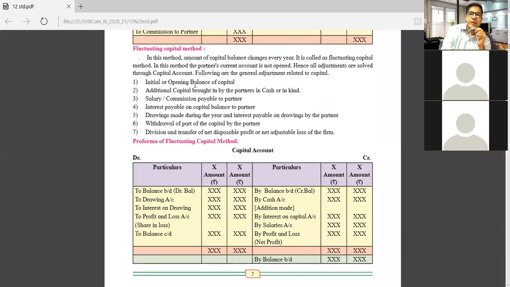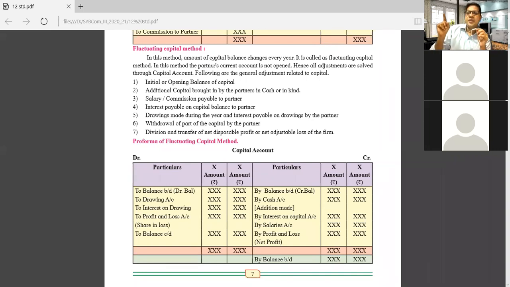We write the opening balance of the capital, additional capital brought in by the partner in cash or kind, salary or commission payable to the partner, interest paid on capital, drawings, interest on drawings, any withdrawal of capital by the partner, or any division and transfer of net disposable profit or net adjustable losses of the firm, also recorded in the capital account.